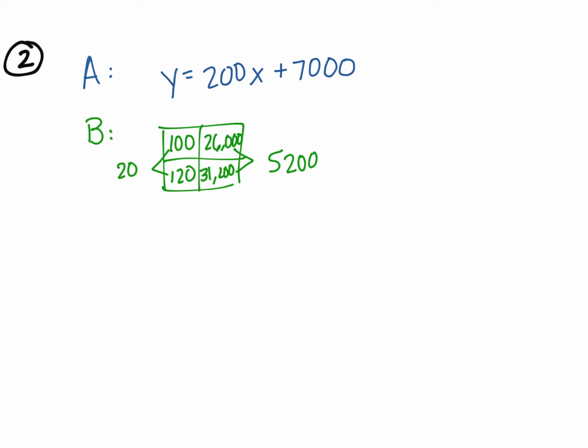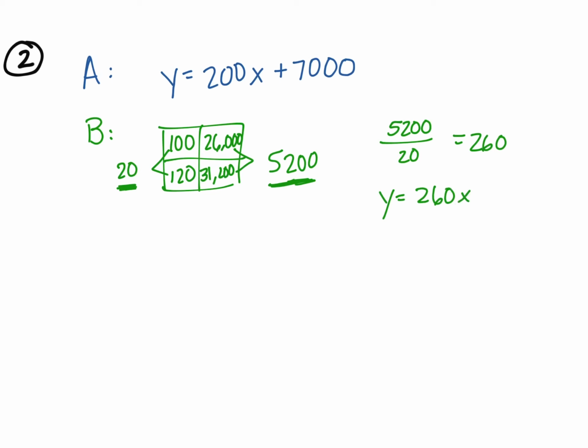To calculate that rate, we divide the output change by the input change, or the change in the y values by the change in the x values. And this gives you 260 as your rate per foot. So the equation for this one would be y equals 260x.